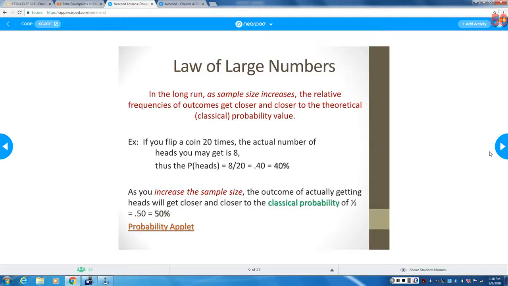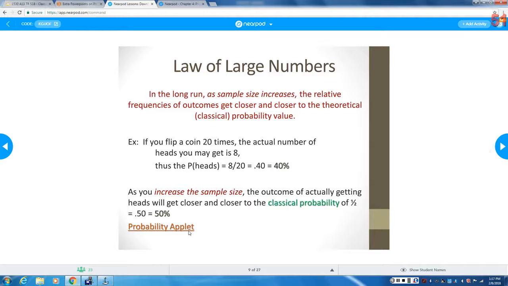All right, so this is the law of large numbers. In the long run, as the sample size increases, the relative frequencies of outcomes get closer and closer to the theoretical or classical probability value.